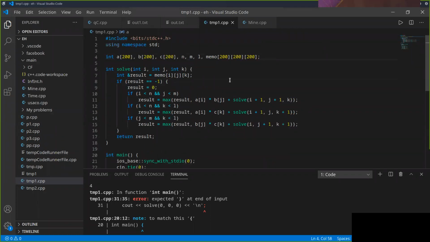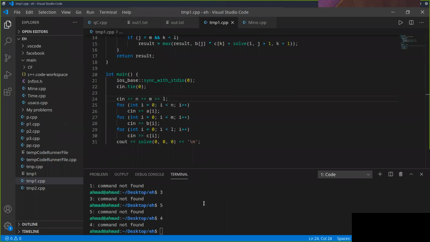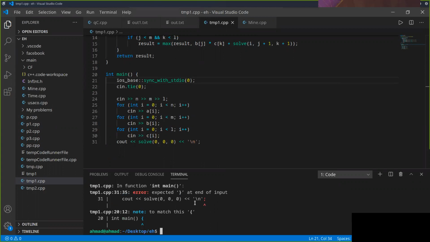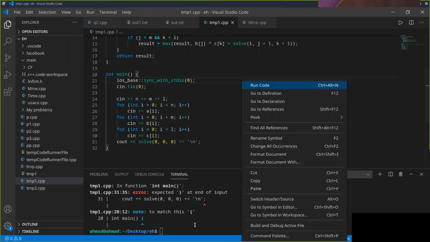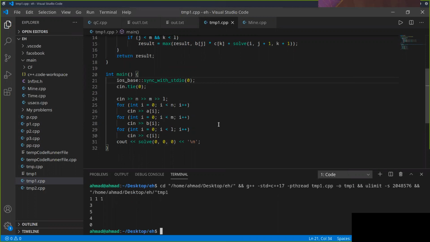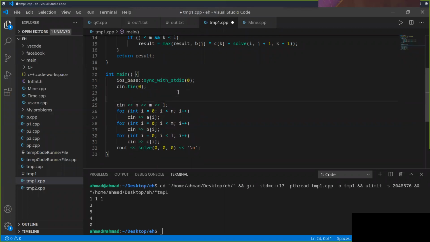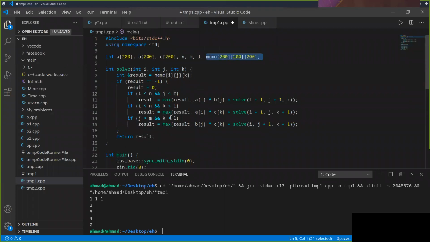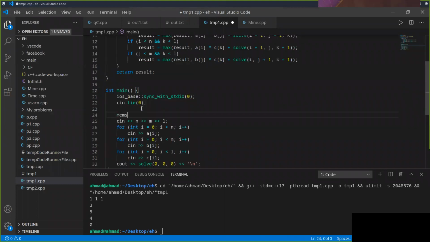Must have some error here. So I should initialize memo with -1, of course. Forgot that.